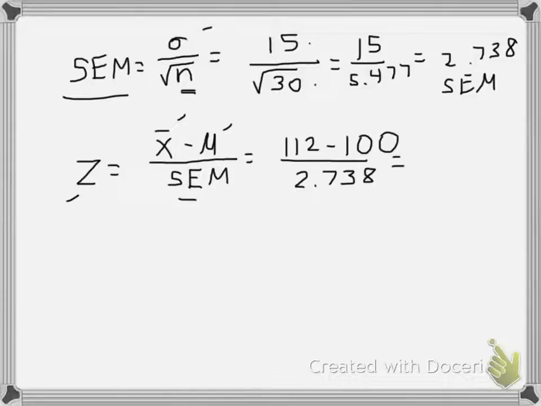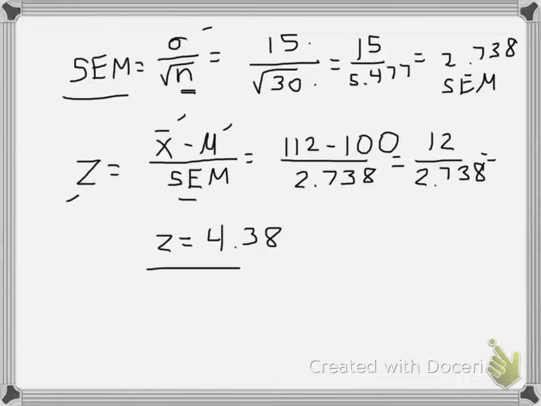We've already plugged in the numbers, so let's continue with the formula, working it out. 12 divided by 2.738. So our z-value equals, if we divide 12 by 2.738, we get 4.38 as our z-value.